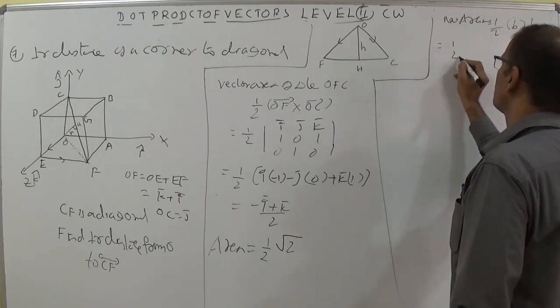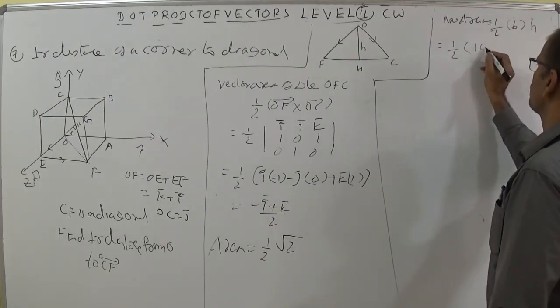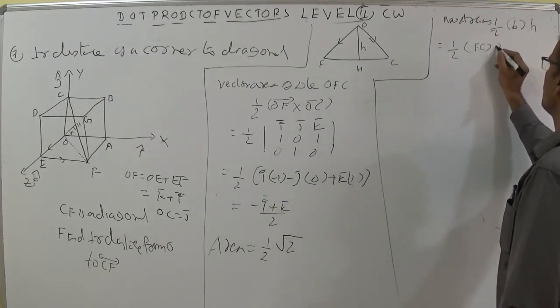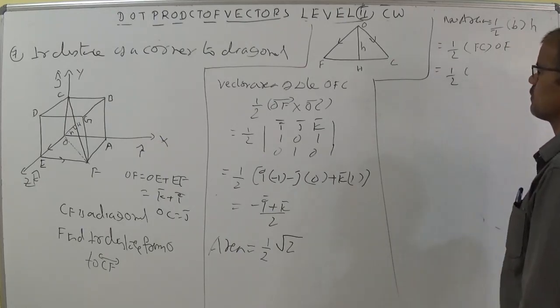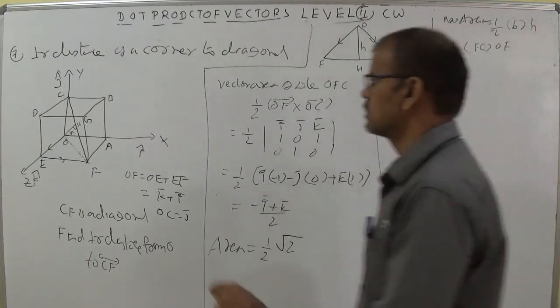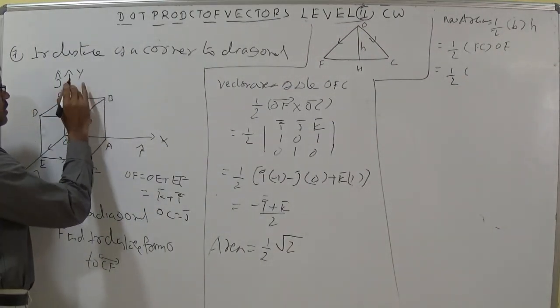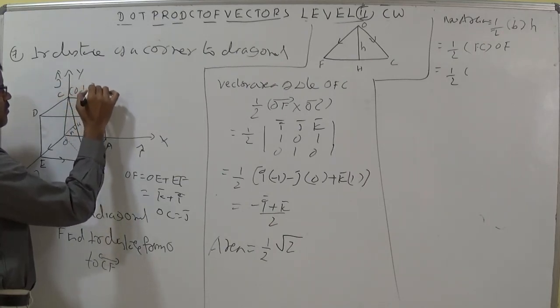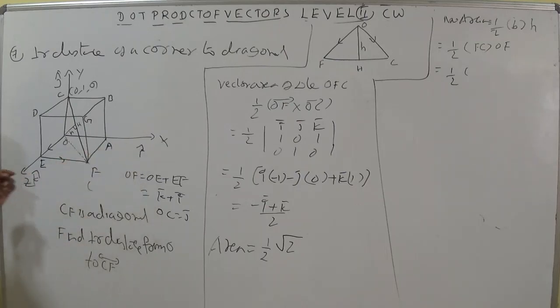So that is equal to half into, what is the base here? FC, into what is the height? OH. That is equal to 1 by 2 into FC, meaning the distance between F and C. Here you can write components 0, 1, 0, and F is the point that lies on the XZ plane.